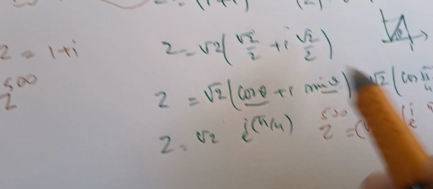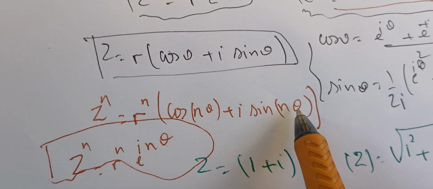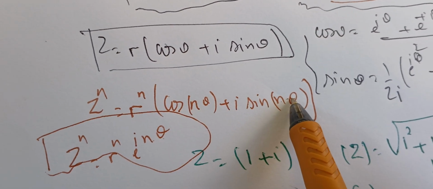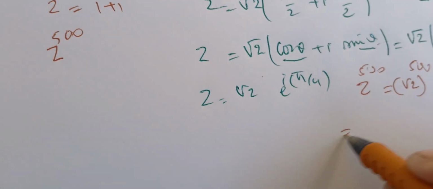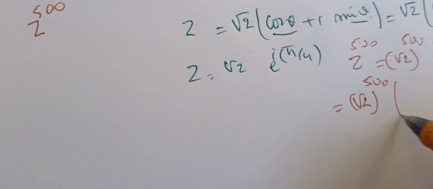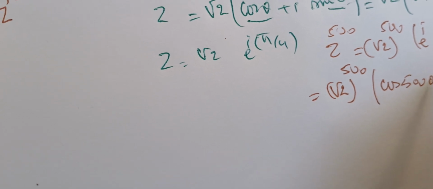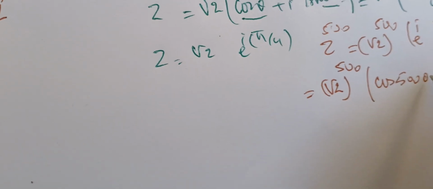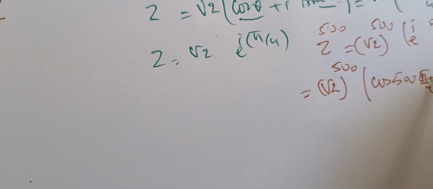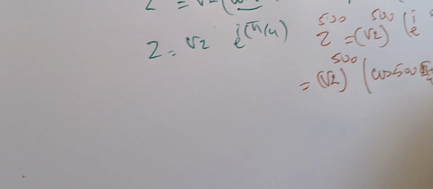Or I can multiply theta by 500 in both cosine and sine. It's the same thing. Let's do both. So here, square root of 2 to the power 500 times cosine of 500 theta, which is pi over 4, plus i sine 500 pi over 4.